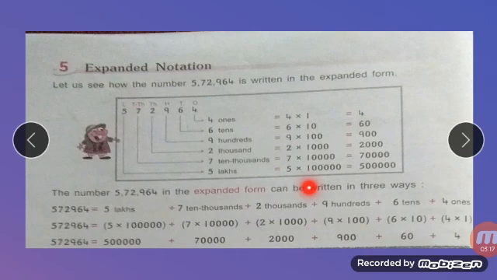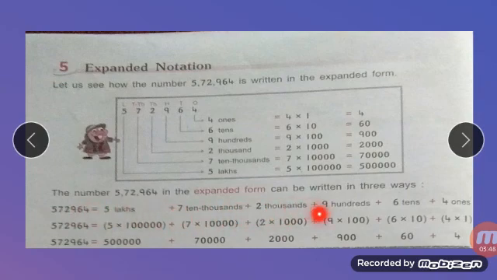To write any number in the expanded form, this is the first way, okay? So that is 5 lakhs. So you have to write 5 in number and lakhs in words, that is spelling. Plus, because we are adding, expanded form means you have to add. Plus 7 ten-thousands, 7 is in 10,000s place, so you have to write 7 then spelling ten-thousands. Plus 2 thousands as 2 is in thousands place.